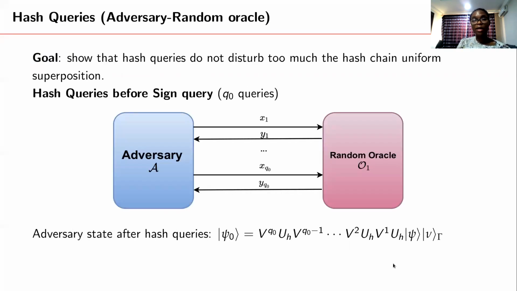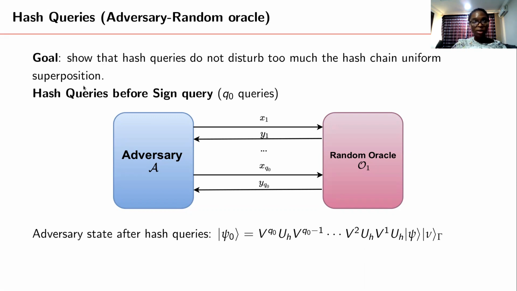So now let us look at the case where, in addition to querying the signing oracle, an adversary can also query the random oracle. Our goal in this case is to show that hash queries do not disturb the superposition hash chain too much.